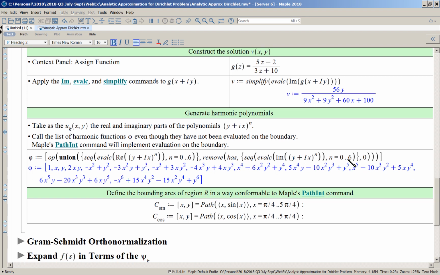The first one has a 0 in it, so I take that out. So here are the psi functions. Then I define the arcs that bound the region. These are defined parametrically via the path option that the path int command will then understand.